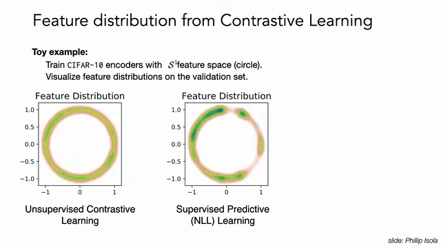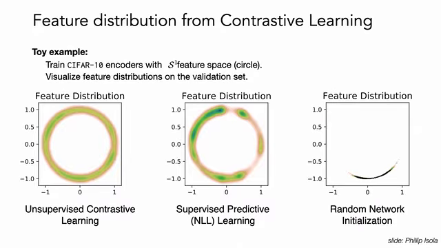Whereas if you actually use supervised predictive learning, you get a feature distribution that's not uniform. And if you just randomly initialize the network, it's far from uniform, right? We really don't get anything close to this uniformity. So you can see that it's actually happening, right? Something in the way that we're doing this unsupervised contrastive learning is really pushing and enforcing uniformity across the data points.